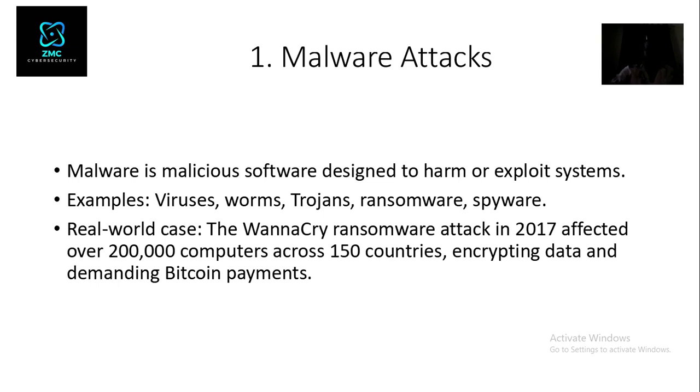Now, a real world case: WannaCry was a very popular ransomware attack that took place in 2017 and affected over 200,000 computers across 150 countries, encrypting data and demanding Bitcoin payments. It was so popular. In fact, if you go over the net and do a little research, you'll see more about it.